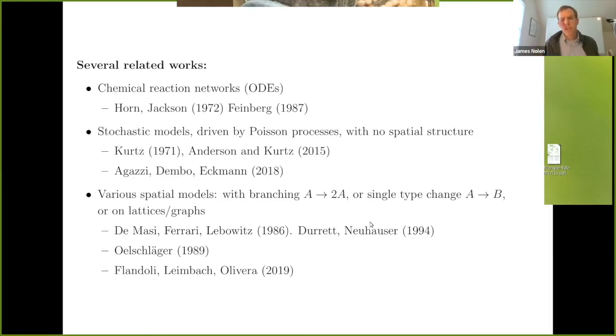So we're interested in exploring a more general framework for more general mass action type kinetics, and also obtaining some results that are more quantitative. And I'll point out some recent work of Flandoli and collaborators. I'll come back to this later. This is on a continuum in one dimension with the KPP Fisher type equation.